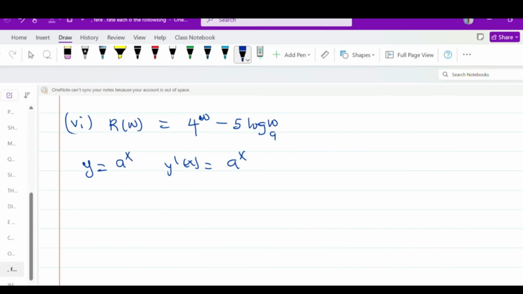So same here, we are having 4 exponent w. When you differentiate 4 exponent w, you're going to get 4 exponent w ln 4.